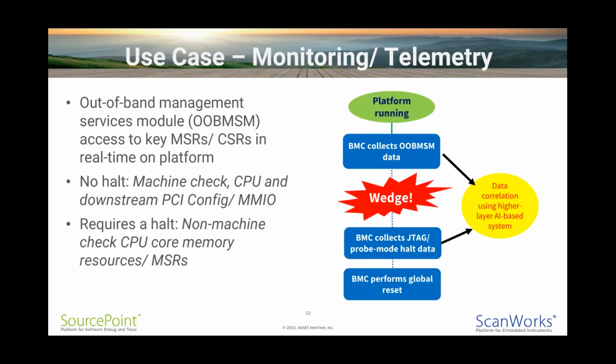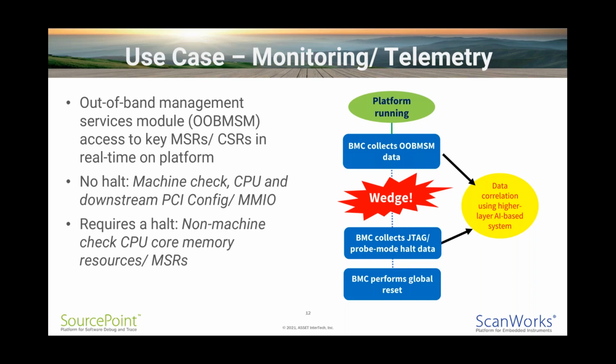And then finally, monitoring your telemetry. JTAG is ideal for this because it's at the hardware level, and with some of the newer functionality within the Intel CPUs, such as the OBMSM, the Out-of-Band Management Service Module, you can use JTAG and not actually have to halt the target. The platform can continue to run.